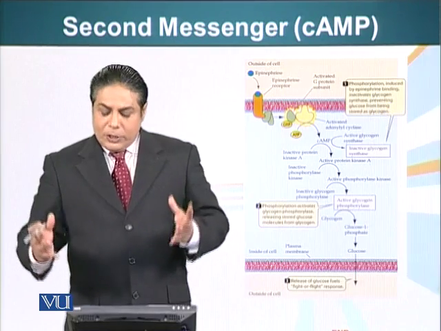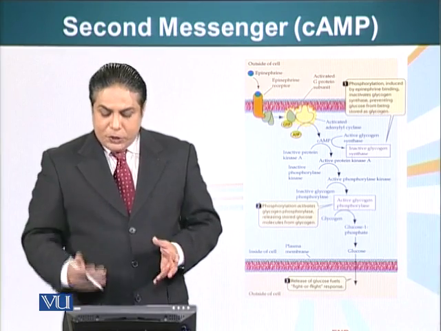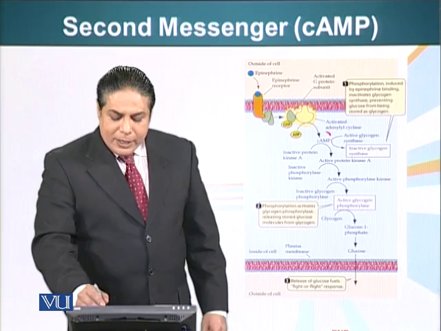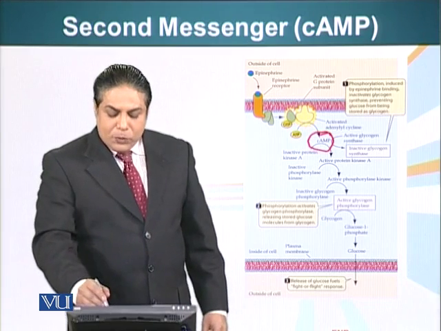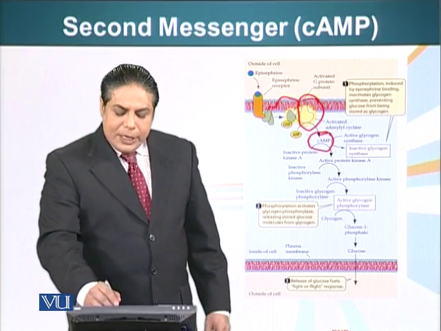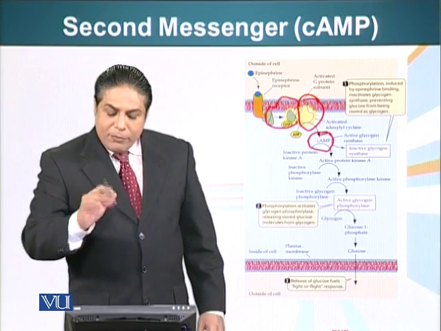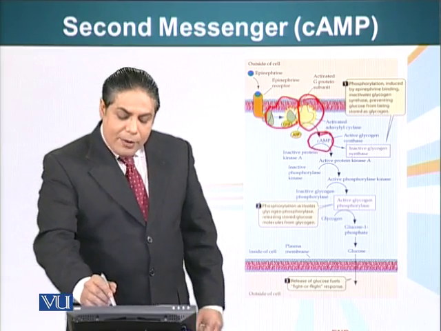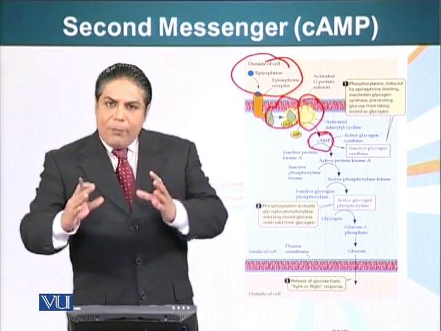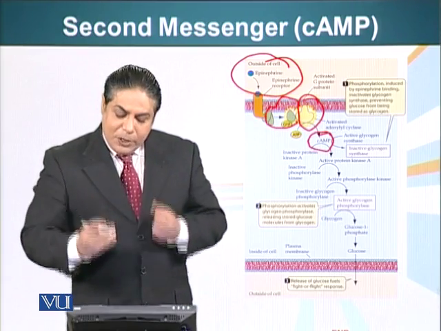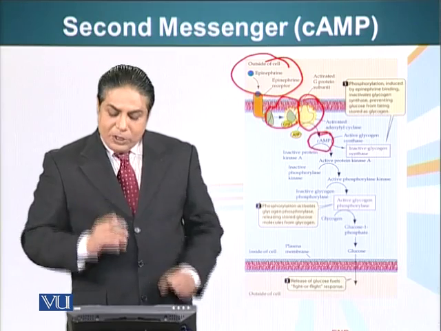So this is the overall schematic which we just saw. The protein kinase A is activated in response to cyclic AMP, which is produced by adenyl cyclase, which was activated by G protein, the alpha subunit of the G protein, which dissociated from beta and gamma in response to epinephrine, when epinephrine attached itself to the receptor protein, epinephrine receptor on the liver cell.